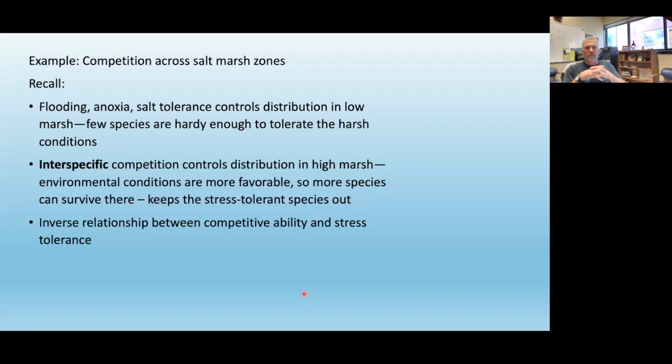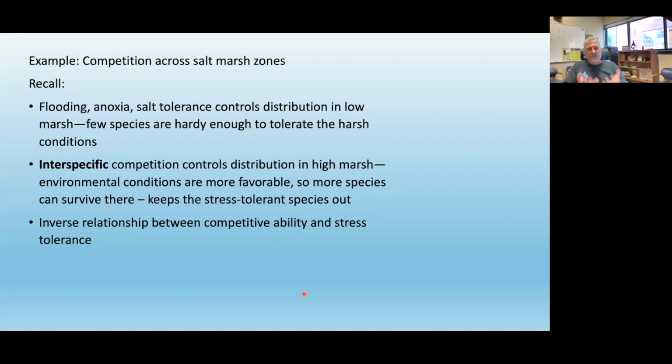Whereas when you go upslope, you lose those stressors, and the consequence is that you have more competition because there are more species that can inhabit those areas. Some of them have other competitive advantages that allow them to exploit areas of those upslope habitats. For some of the stress tolerant species, there's not an advantage to moving upslope because of that competition, where they have an advantage in the lower areas of that slope.